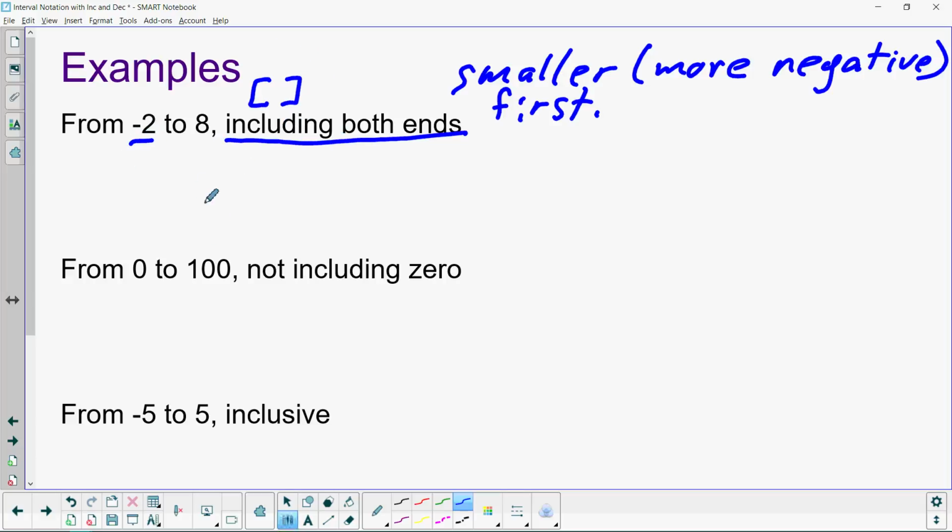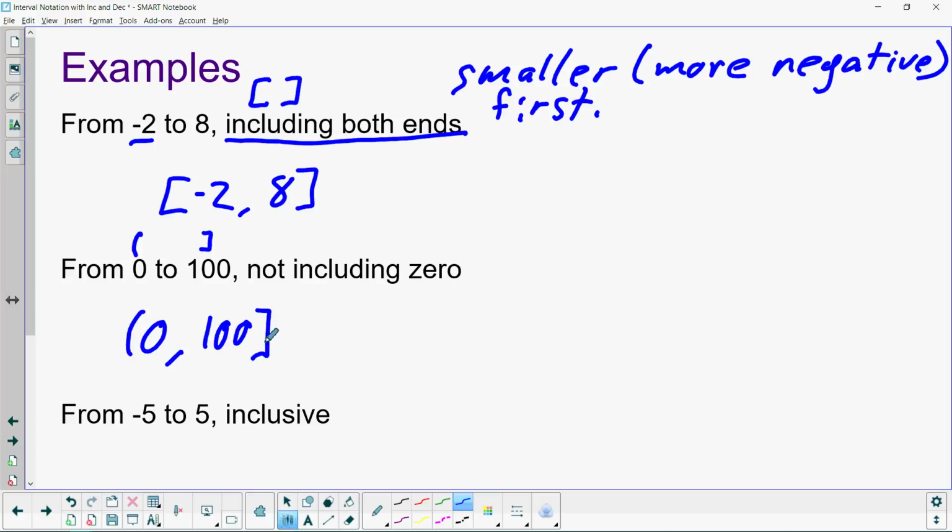So bracket, -2 to 8, bracket. Next: from 0 to 100, not including 0. It doesn't say omit the 100, so we're going to include that, and the 100 will get a bracket. But to not include the 0, it will get a parenthesis. So we would write this as parenthesis 0, comma 100, bracket.